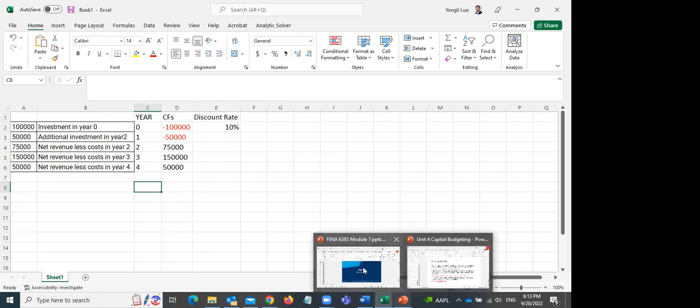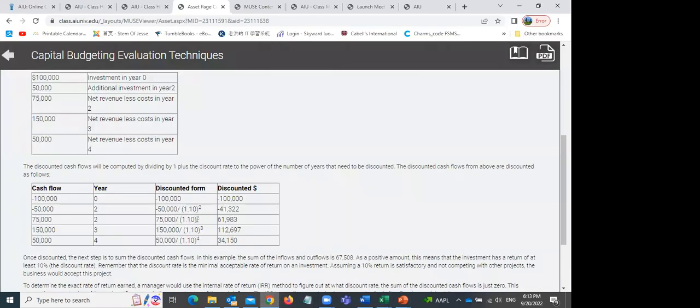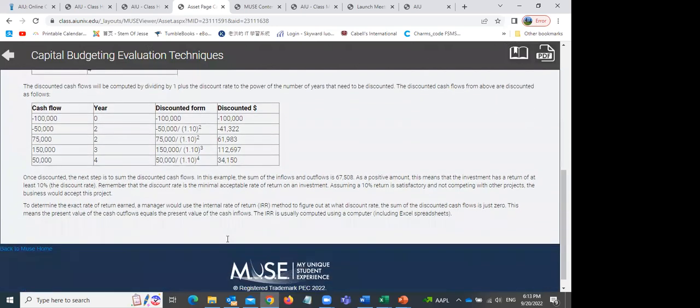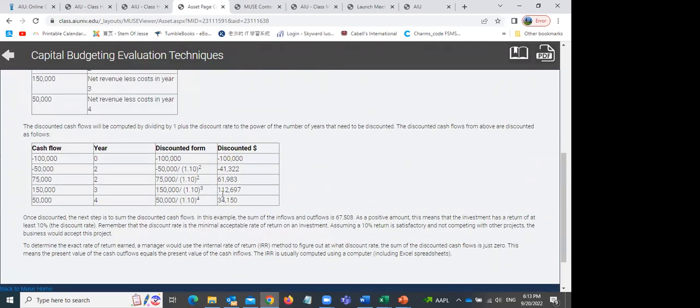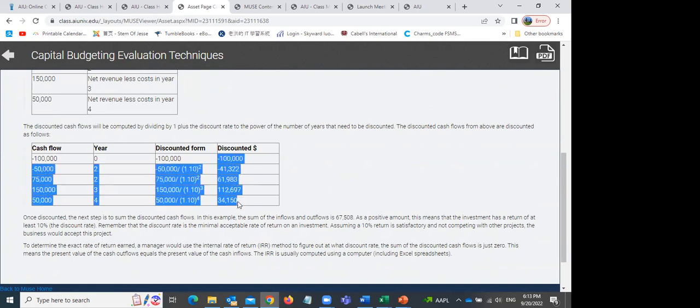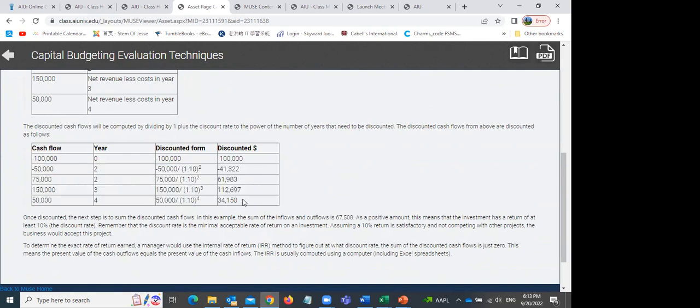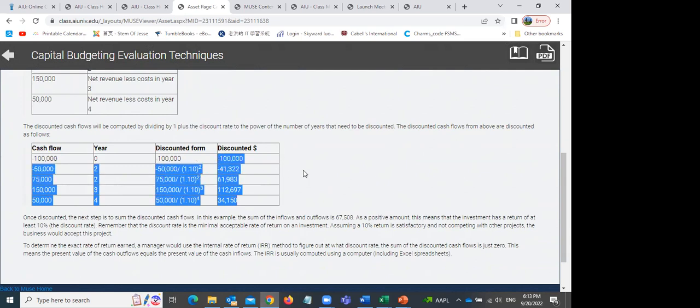So we're going to see this case. They do the discount factor and the discounted value. Net present value is when you sum them up. The last column, you discount it and sum them up.